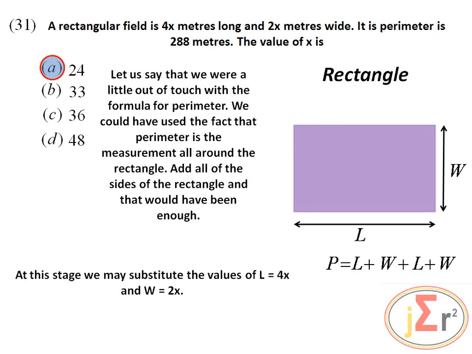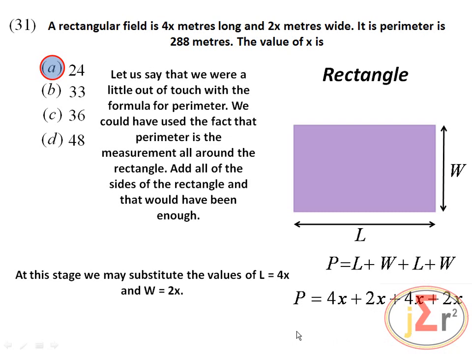At this stage, we may substitute the value of L is equal to 4x and W is equal to 2x. So now that we have length plus width for the measurement all around the rectangle, we may make the substitution as usual. So we have length is 4x, width is 2x, length is 4x, width is 2x.